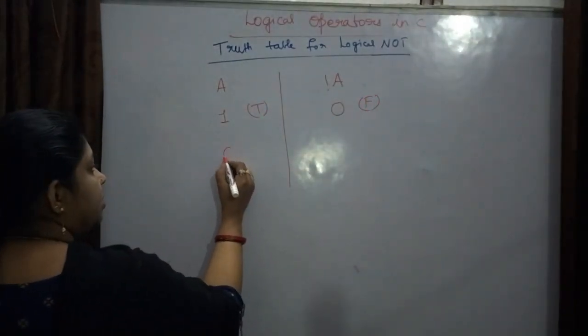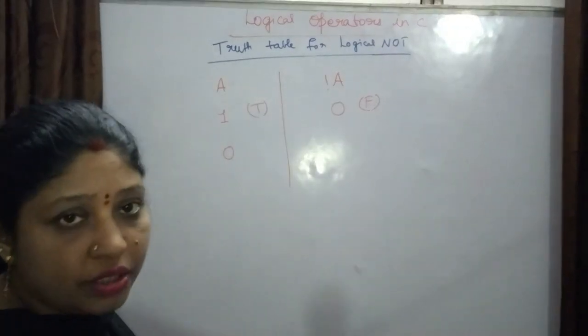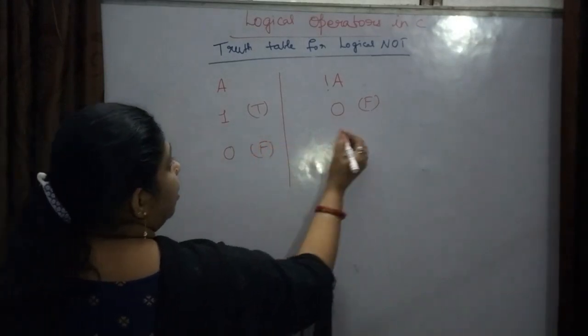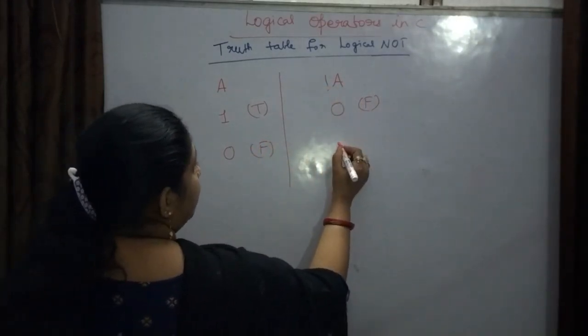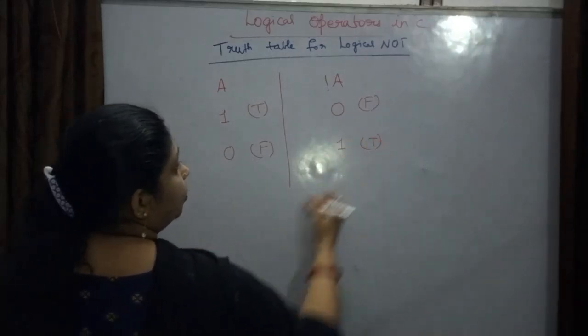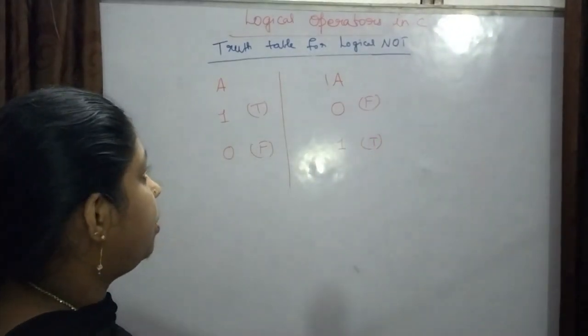Now if A is 0, that means A condition is not satisfied. If it is false, then not A will automatically be the opposite condition, so it will be true. Okay, so this is the logical not.